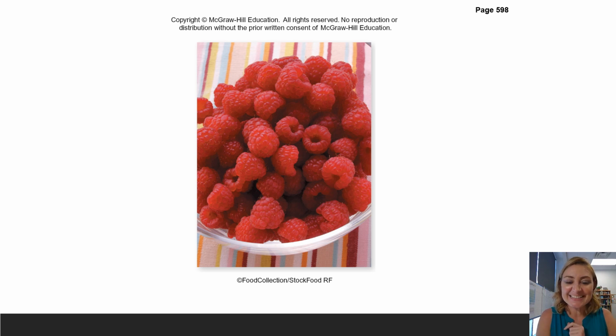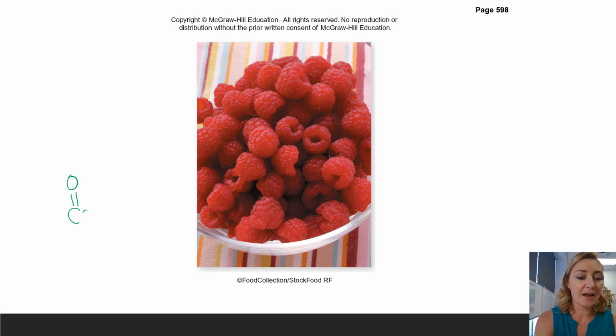So one of the compounds responsible for the flavor of raspberries is ethyl formate, which also has a rum-like odor. So let's go ahead and draw the structure of ethyl formate. I know that I have a single carbon carboxylic acid side, because that's the form in formate.